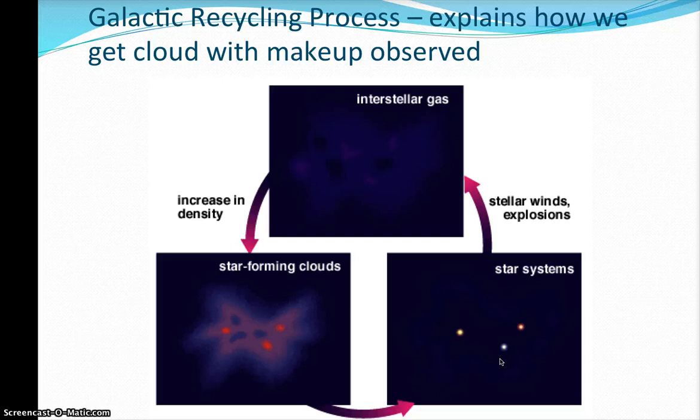All the heavier elements have been formed during fusion inside of stars and during their explosions, or supernovas. So that is why our solar system and our universe is so heavily concentrated in hydrogen and helium.